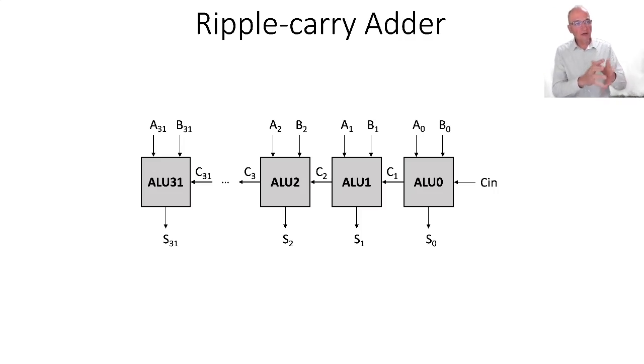So if I consider this circuit, just for the sake of thinking here, let's say that it takes 1 unit of time to propagate the signal from the carry in to the carry out of one of those boxes. So the question is, how many units of time do I need to do the 32-bit addition?